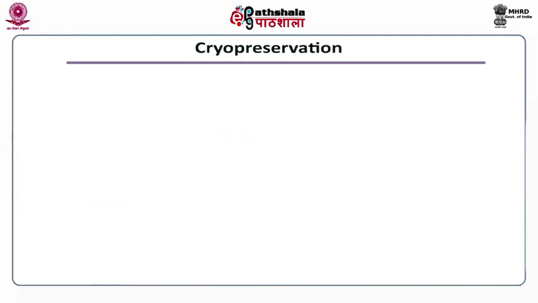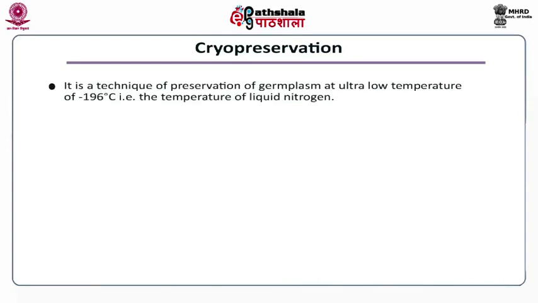Then cryopreservation is another method. As the name indicates, this technique of preserving germplasm is at an ultra low temperature of minus 196 degrees Celsius, that is the temperature of liquid nitrogen, which means liquid nitrogen is used in cryopreservation.